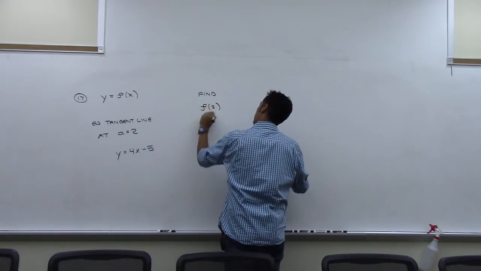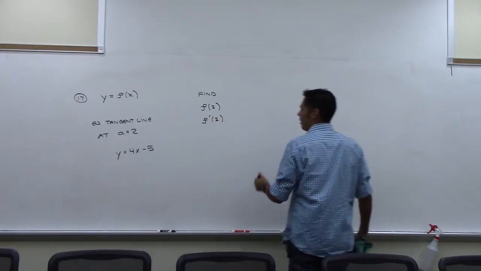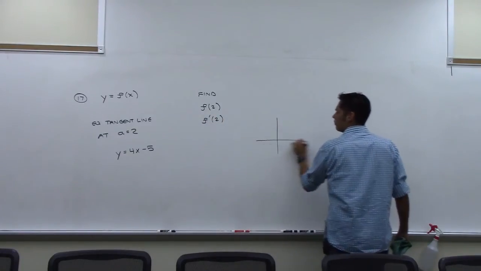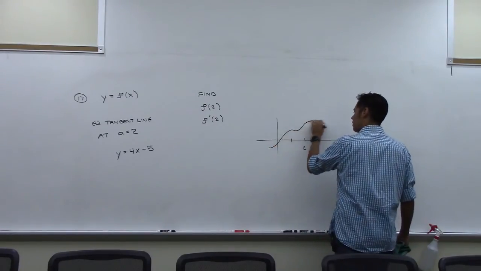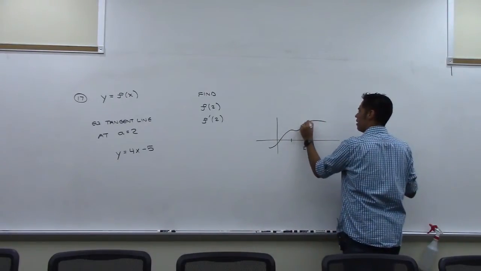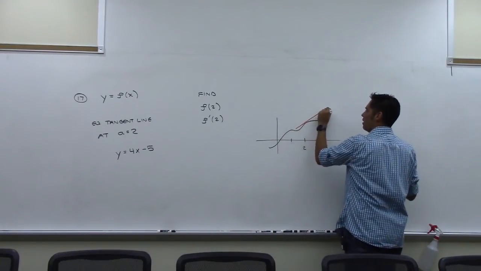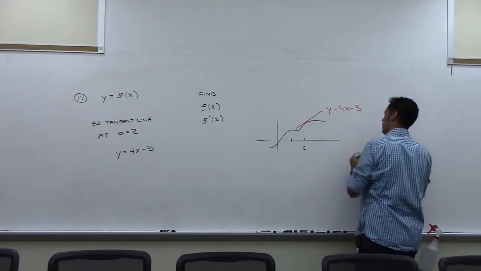All right. So we have some curve out here, 1, 2. Okay, we have some curve. I don't know what it's doing. But what I do know is that at 2, the equation of this line right here is y equals 4x minus 5.